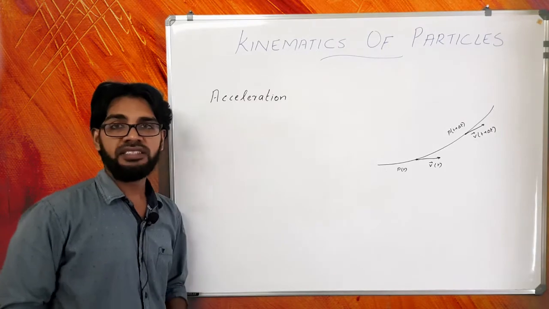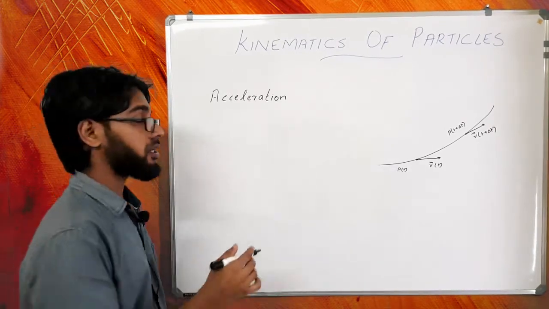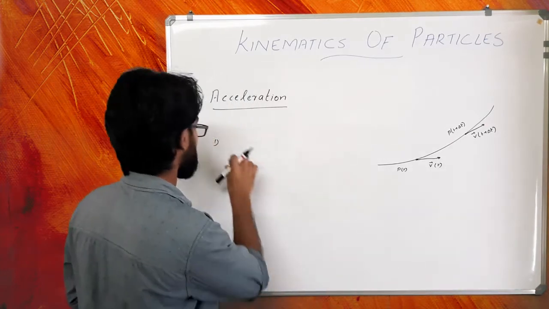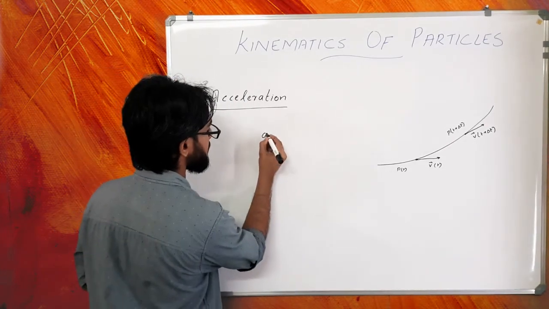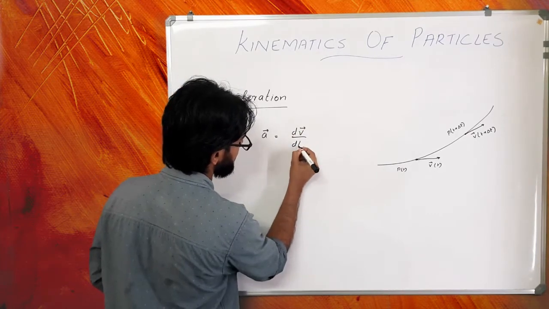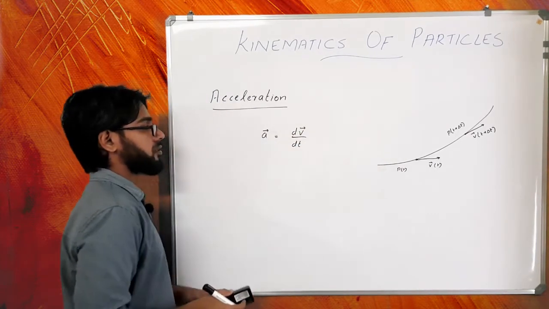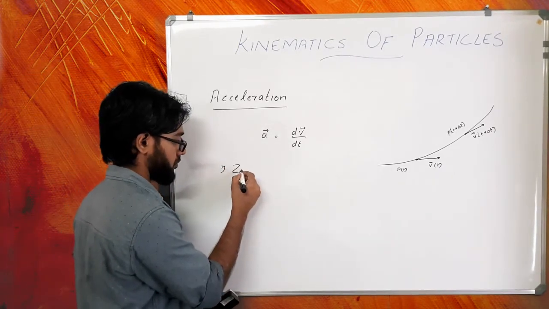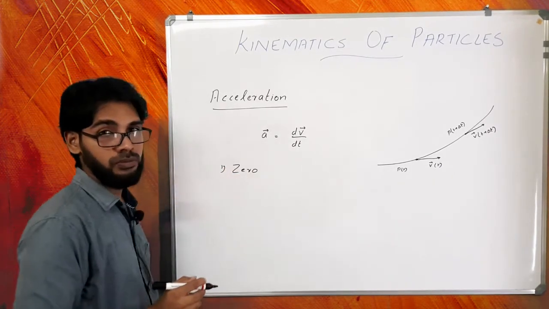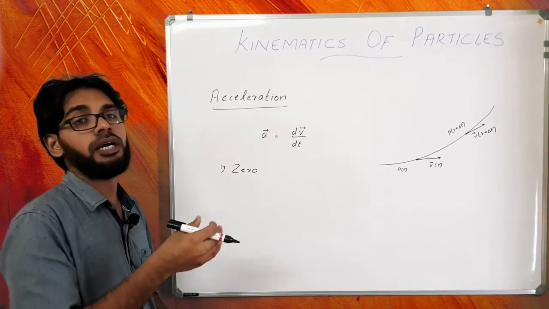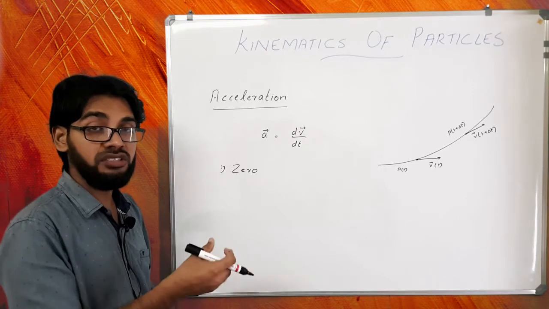Acceleration. As I said, the acceleration of the particle can either be 0, that means the particle at point P is moving at constant velocity.